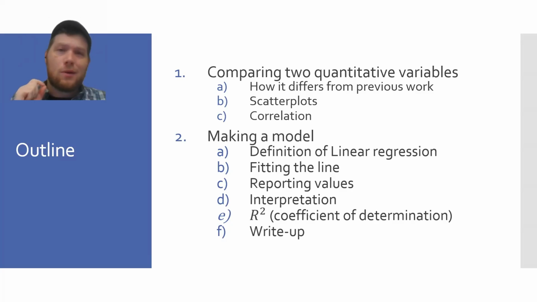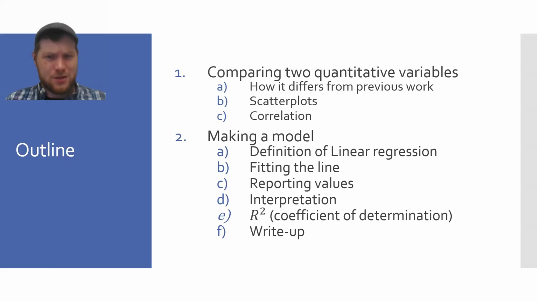When we talk about regression, we're also going to go through making this sort of regression model, talk about what models really are, how they differ from things like formulas specifically, and then also talk about making these lines, these linear relationships, reporting the specific values that are involved with it, doing some interpretation of the specific tests, and talk about something that's called R squared, this coefficient of determination.